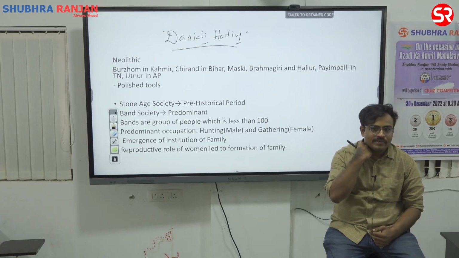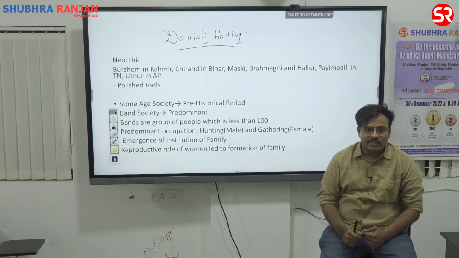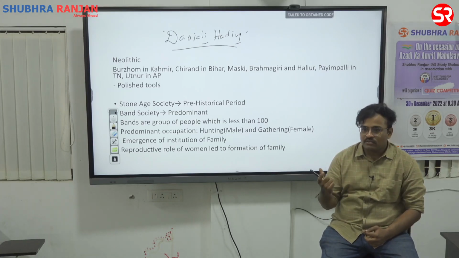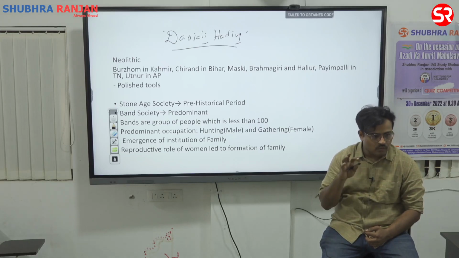During gathering, women started observing plants, their ability to flower in a particular season and give seeds and food in a particular season. The women for the first time started agriculture.